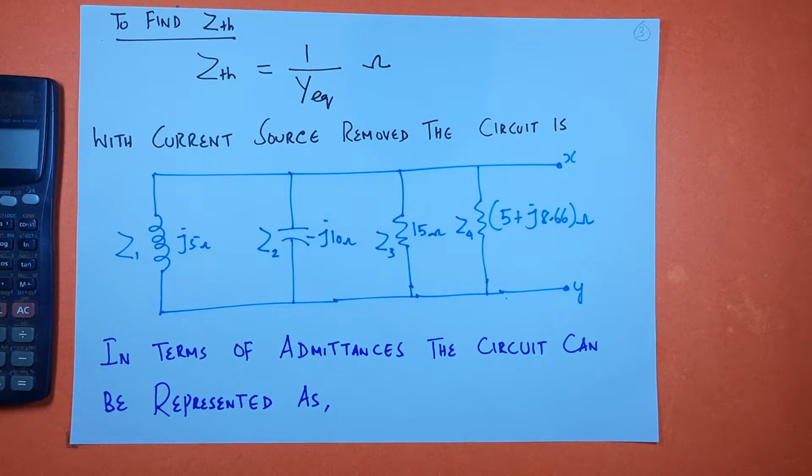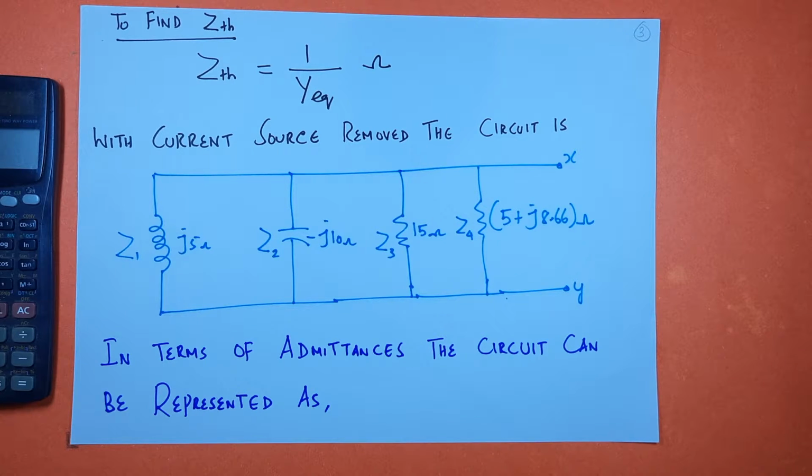To find Z Thevenin, all sources must be removed. If it is a voltage source, it should be short circuited. If it is a current source, it should be open circuited. That means we remove the current source from the circuit. So your circuit will look like this: Z1, Z2, Z3, Z4.